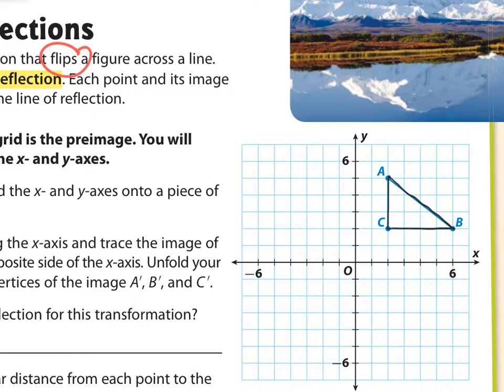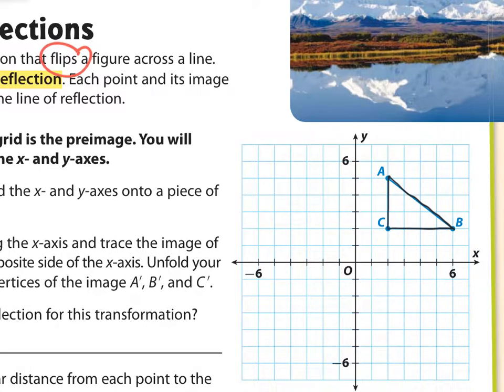Think about what it looks like if this triangle was looking at this mirror, this red line right here. I'm going to flip this figure onto the other side of the mirror. Everything on here is going to be the same distance to the mirror on the other side. So this is what it's going to look like.